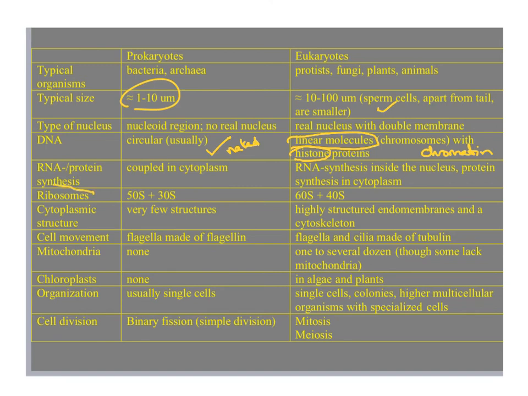Interesting thing about ribosomes, we all have ribosomes, but the ribosomes are different. They're different in size, compared to 60S, are smaller by a little bit. So in prokaryotes, they have a 50S and a 30S ribosomal subunits, the large subunit and the small subunit, whereas in eukaryotes we have slightly larger 60S and 40S.